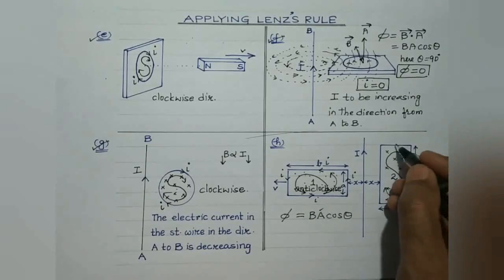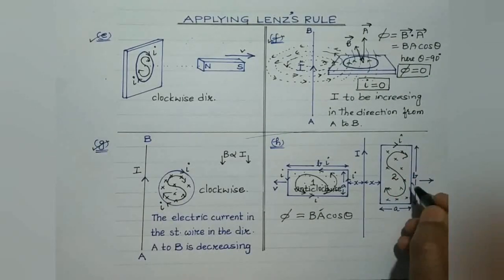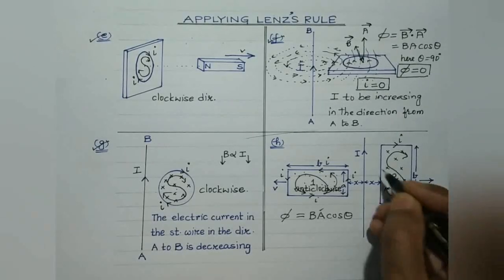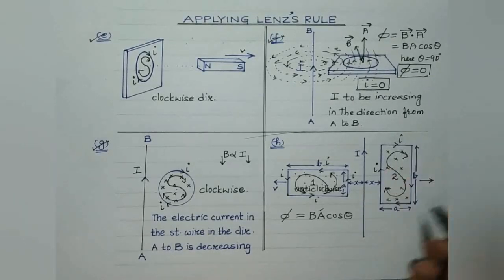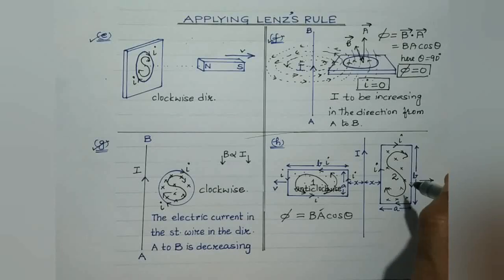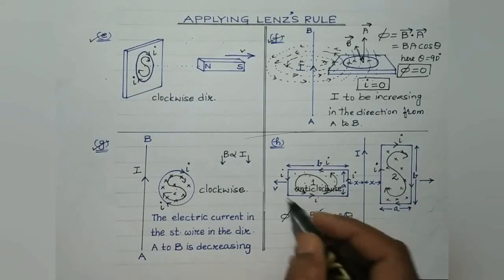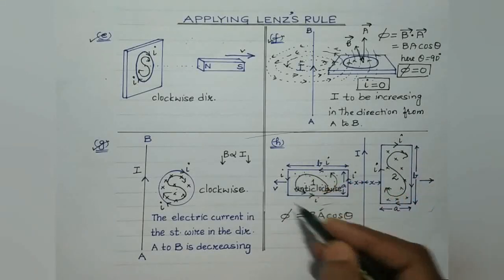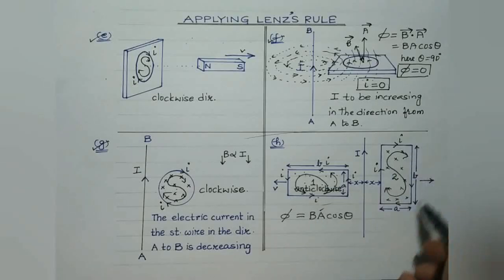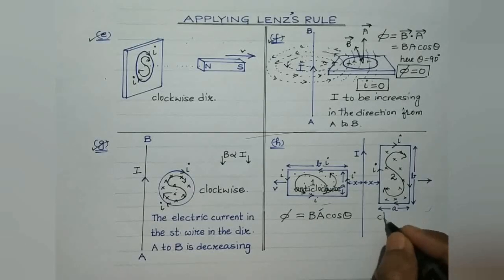Therefore, current in this coil must be in the clockwise direction, so that its own magnetic field lines will be directed inwards, and hence it will oppose the change in the magnetic flux through this coil. Clear? So in coil 1, the direction of the induced current must be anti-clockwise, while in coil 2, the direction of the induced current must be clockwise.